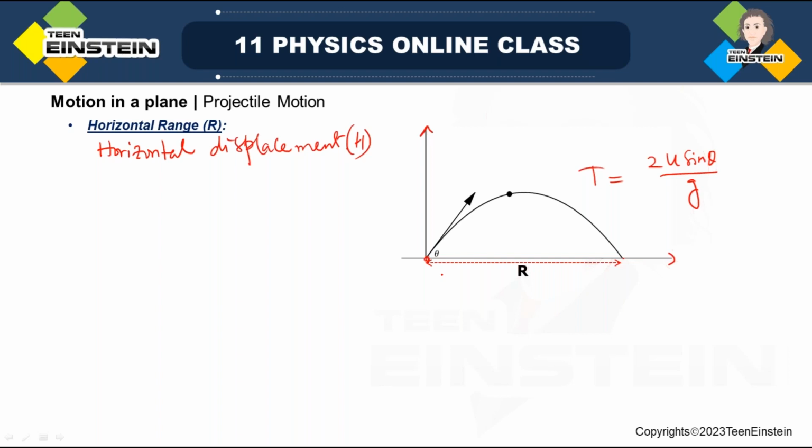We know that in the horizontal direction, the velocity of the projectile is uniform or constant. So this R, horizontal range, will be velocity along the horizontal direction into the time of flight. So u cos theta, if this is theta, this is u, so this side it will be u sin theta.